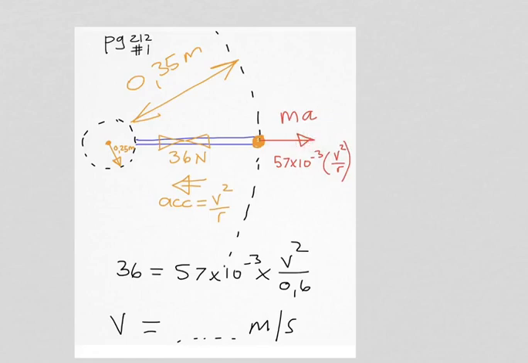MA is outwards, and this arrow of the two arrow pair is the 36 Newton one that is acting on the object. One to the right or outwards and one to the left or inwards. So the 36 is equal to all of that, and we can solve for the required instantaneous linear velocity for this slingshot to operate as described.